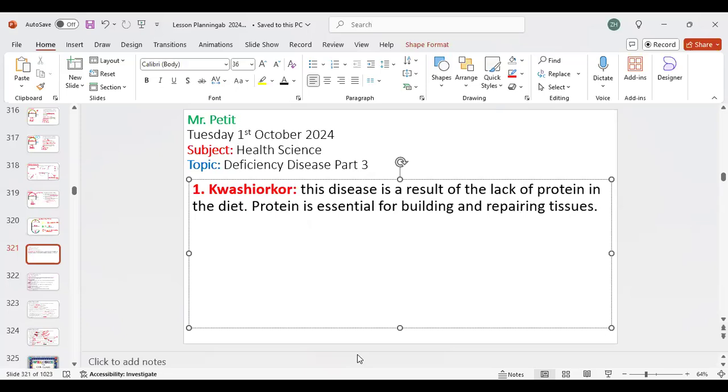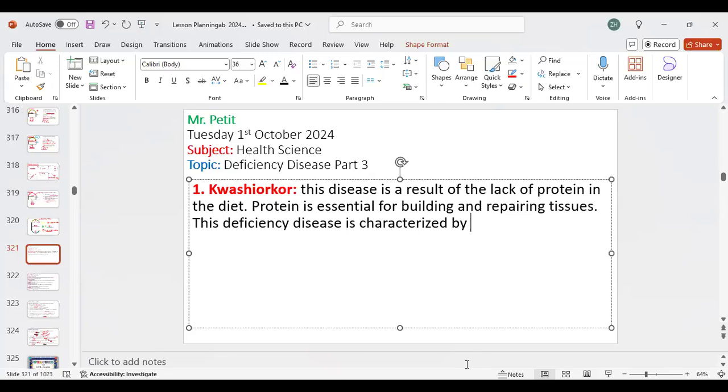It typically affects the younger ones. What are the symptoms? This deficiency disease is categorized by what is swollen? The liver. Very good.